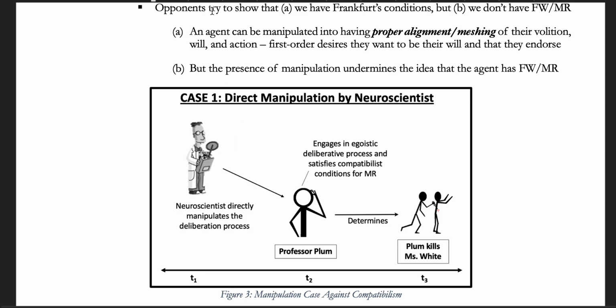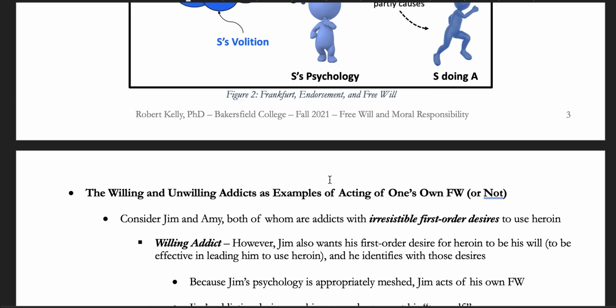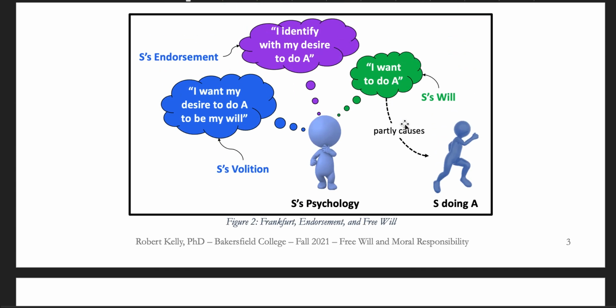But because those conditions, the alignment, is all that is supposed to matter, when they go do some evil action, as long as it was caused by a properly meshed psychology, which now the person has, it's properly meshed in the free will sense, maybe not in the moral sense, because they're doing something evil. They have a properly meshed evil psychology. Meaning they want to kill the person, that desire to kill the person is effective in causing them to kill the person.